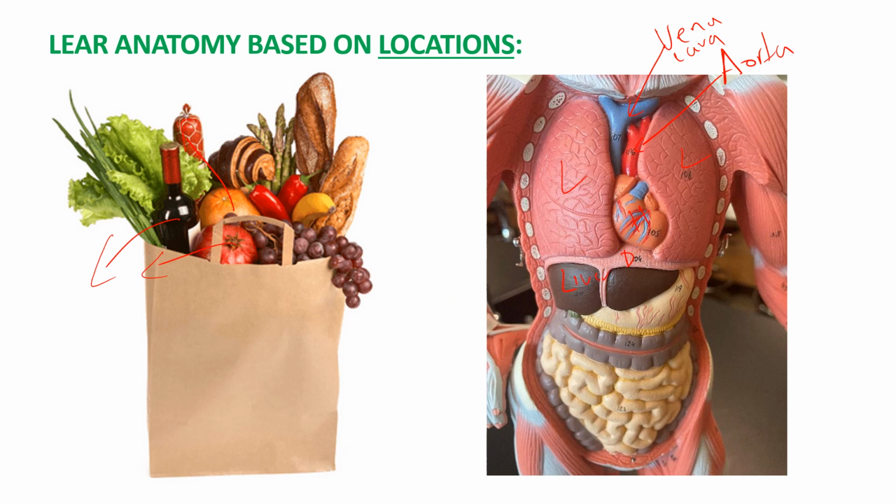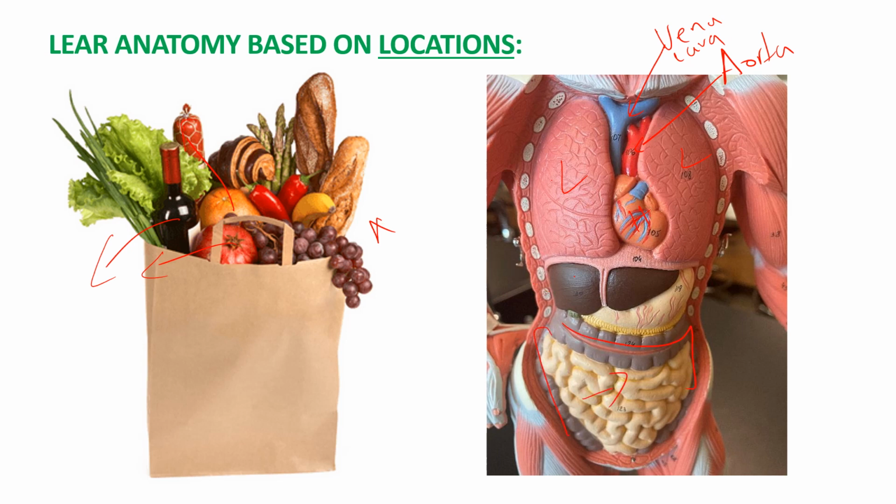It's part of the digestive system. We have another structure here in green, the gallbladder. Notice that besides the liver, we have the stomach. Now we cannot see the entire stomach again because it's partially covered by the liver. This is the large intestine and the small intestine.